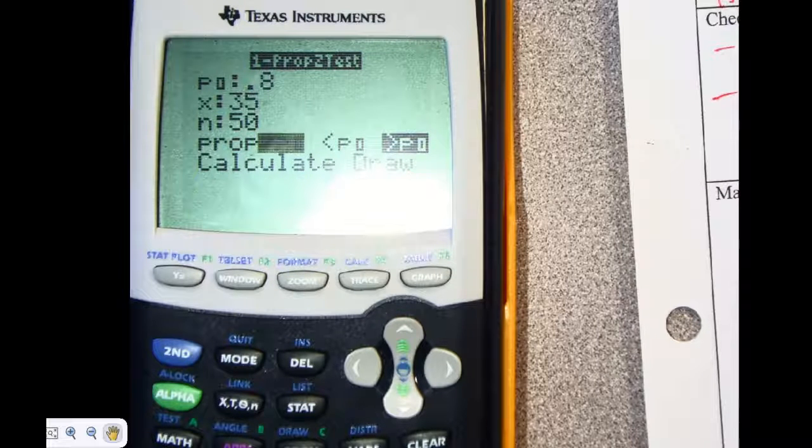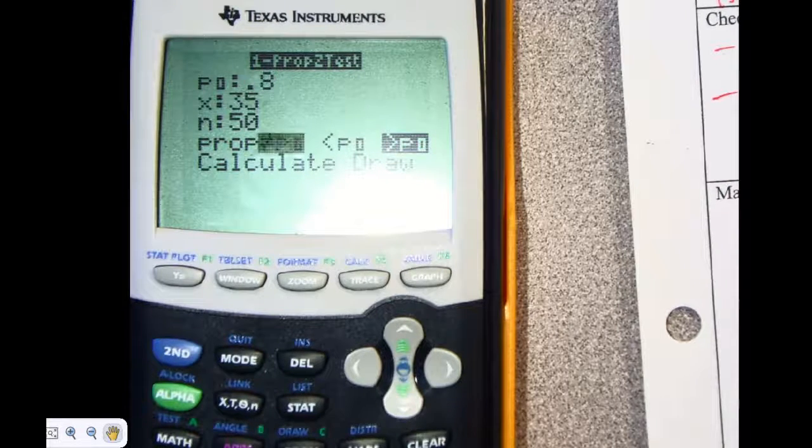That makes sense what I'm trying to get across? Yeah. The number of people that did what we want versus the number of people we interviewed. I know this is going to happen. Someone's going to type 0.7 there, put 50 here and it won't work. It's going to happen. We'll fix it. It's not a big deal. It's the first time you've seen it. But try to remember that fraction is what goes there.